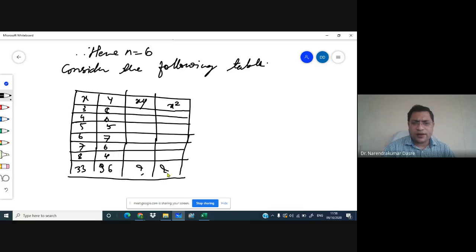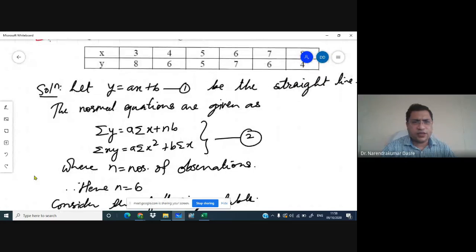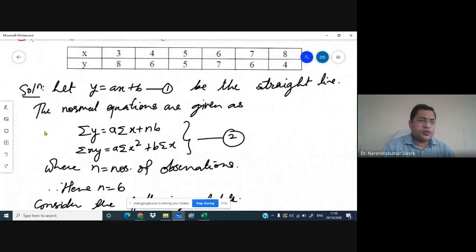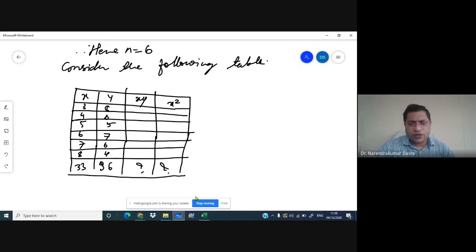So I want you to calculate the remaining summations. Please check the observations properly so that you will not miss any entry. Please calculate these two entries. I'll also calculate with you. So please fill in these entries here.